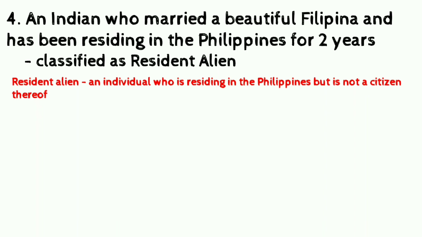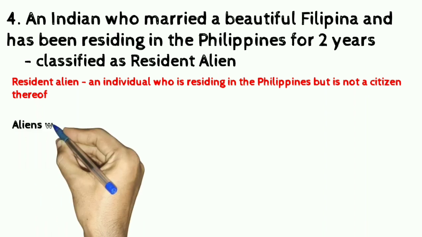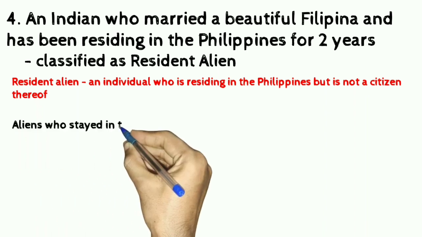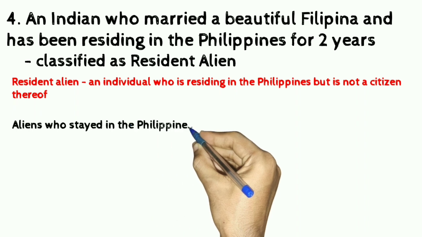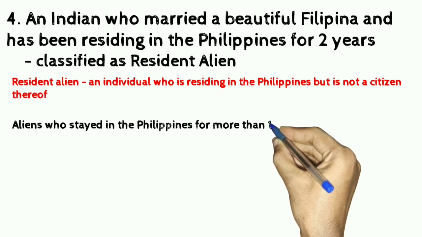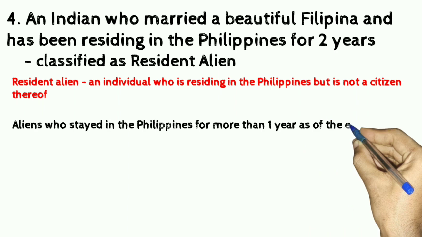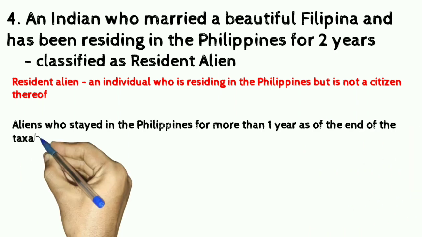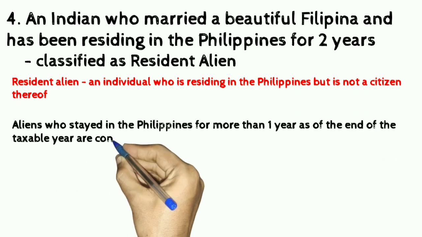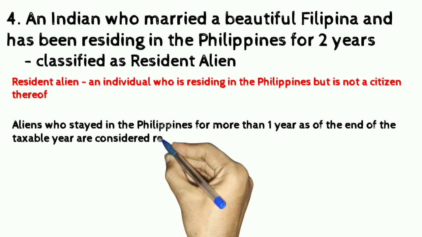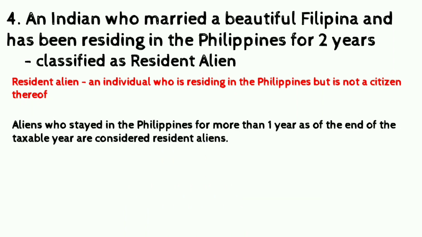Now, another criterion para masabi natin na yung alien is a resident alien is that yung alien ay dapat nandito sa Philippines for more than 1 year as of the end of the taxable year.